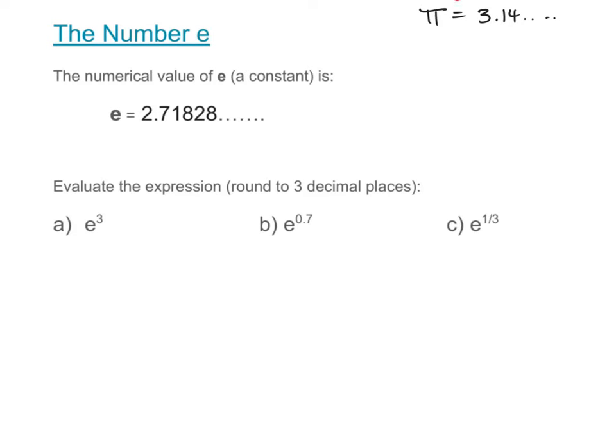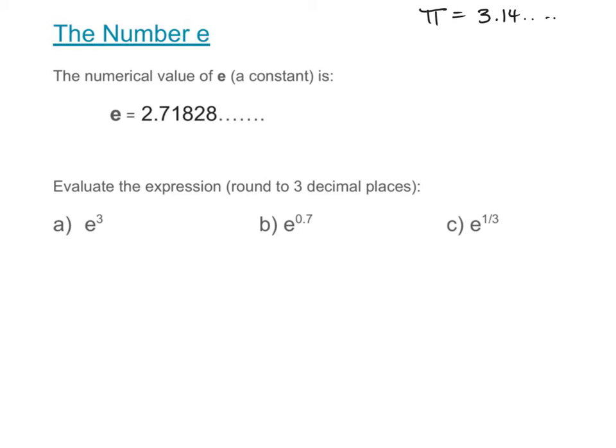And so pi, the reason why we use this Greek symbol, this here represents pi, is because we don't want to write 3.14 every time we want to use the number pi. And you guys know that pi is in a lot of formulas in geometry. Well, e is also in a lot of formulas, especially in science, okay?